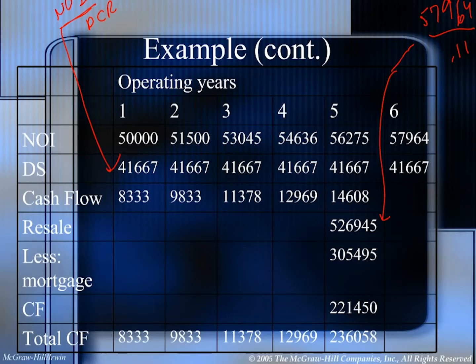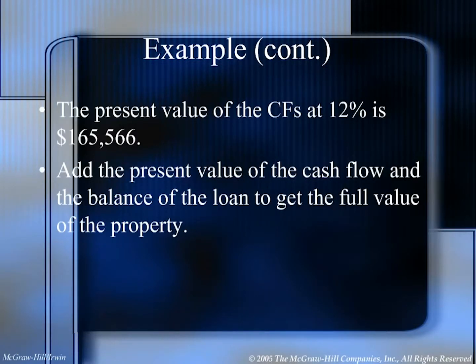Okay, so each of those cash flows would be entered into the cash flow register one at a time. Cash flow time 1, 8,333 for one period. Cash flow time 2, and so forth. And when we find the present value of the cash flows at 12%, we get 165,566.